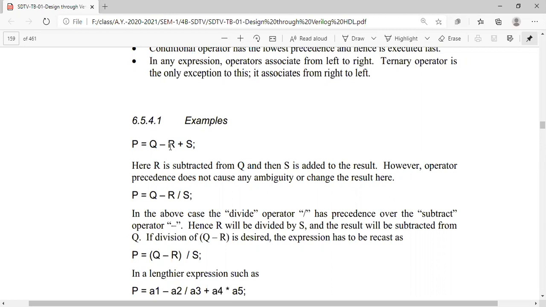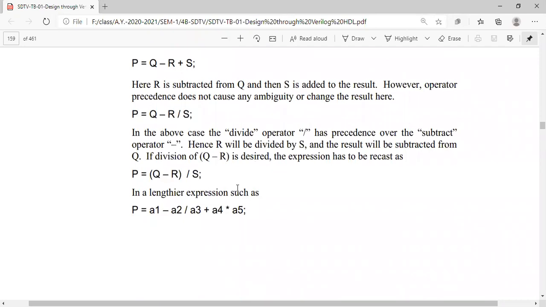Even if it is not mentioned, first we have to go with subtraction, then the addition. So this operator precedence does not cause any ambiguity or change the results. If you don't know which one has to be solved first, then definitely you will get ambiguity, right?